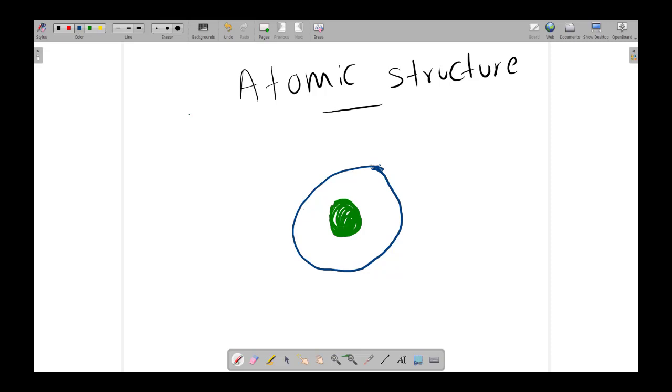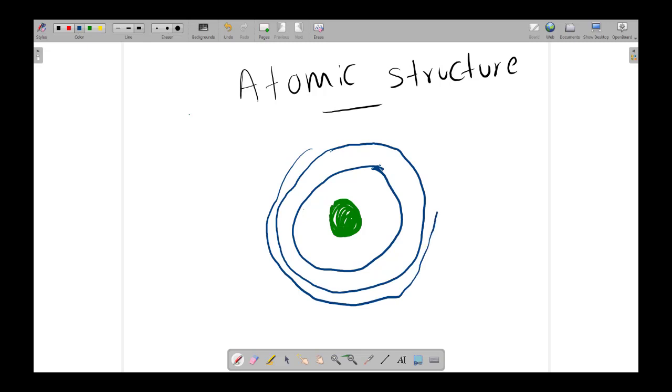According to Niels Bohr, there were four specific shells. We call them energy levels. These are energy levels which we call shells as well. How many main shells are there? Four main shells. 1, 2, 3, and 4.